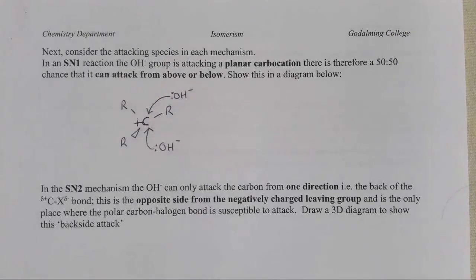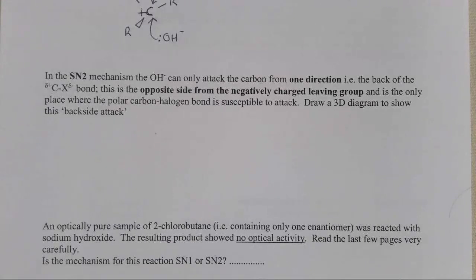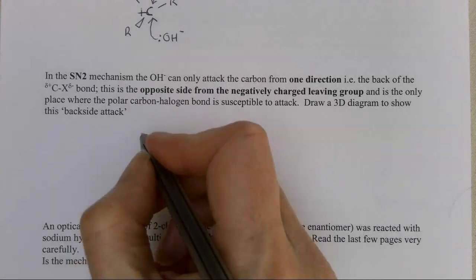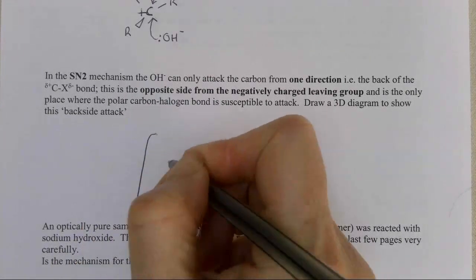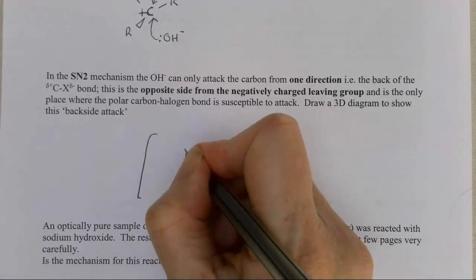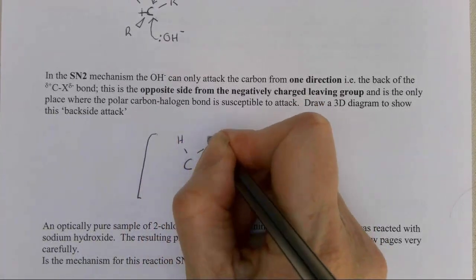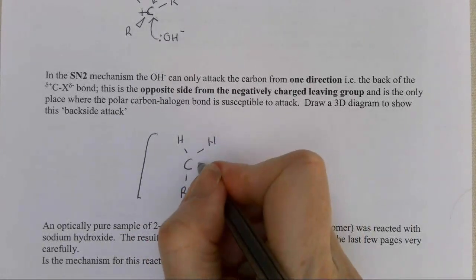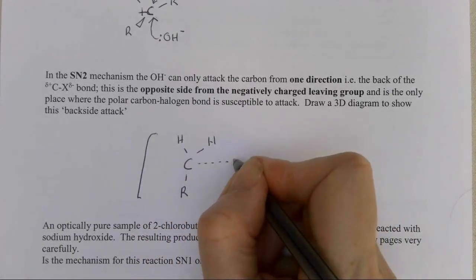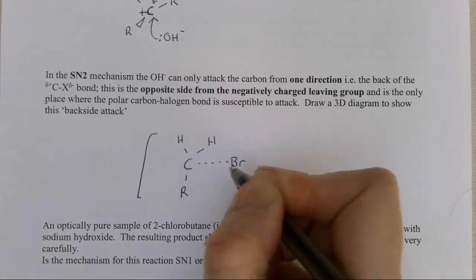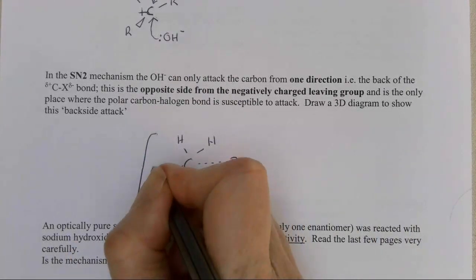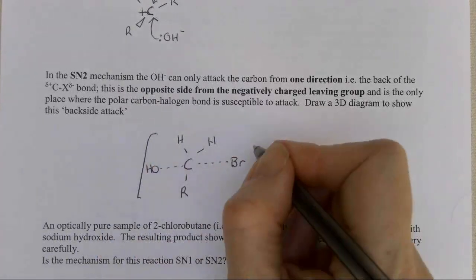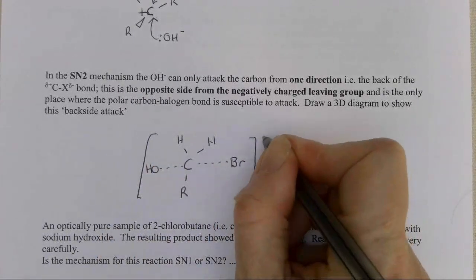If we look at the SN2 mechanism, the OH group can only attack from one direction. So if we look at the transition state for an SN2 mechanism, we've got the two hydrogens, which I'm just going to keep out of the way there, and my R group, which I'm going to keep out of the way there. Then we've got the halogen leaving on one side, and we've got the OH group attacking from the opposite side.